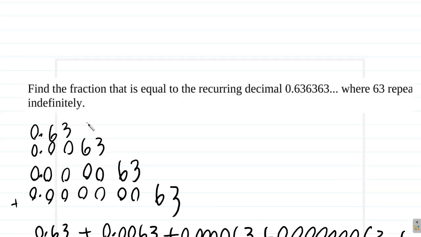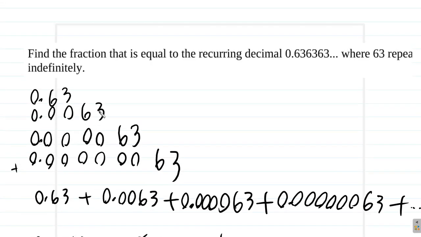Alright, earlier we tested whether this was an arithmetic or a geometric series. We didn't really have to do that. If you are familiar with this type of question, you wouldn't have to do that. The fact is, anytime you get a recurring decimal to turn into a fraction, the series that you will get is a geometric series, not an arithmetic series, right? And once it says it repeats, it means there's a sum to infinity, right?